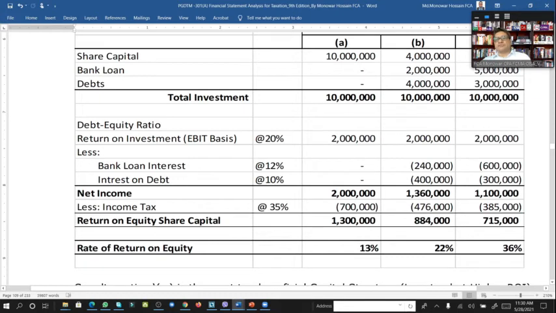then our net income after tax is 7 lakh 15,000. Look here, in the three patterns, first net profit after tax was 13 lakh, in the second 8 lakh 84,000, in the third again down to 7 lakh 15,000. But here the rate of equity return is 36%. How?